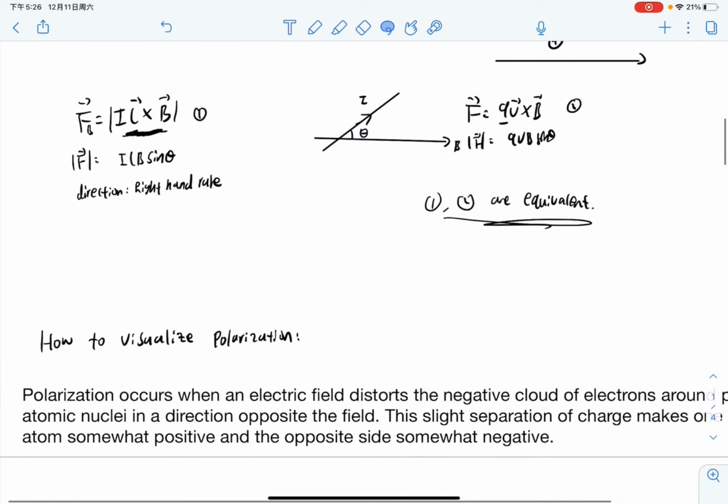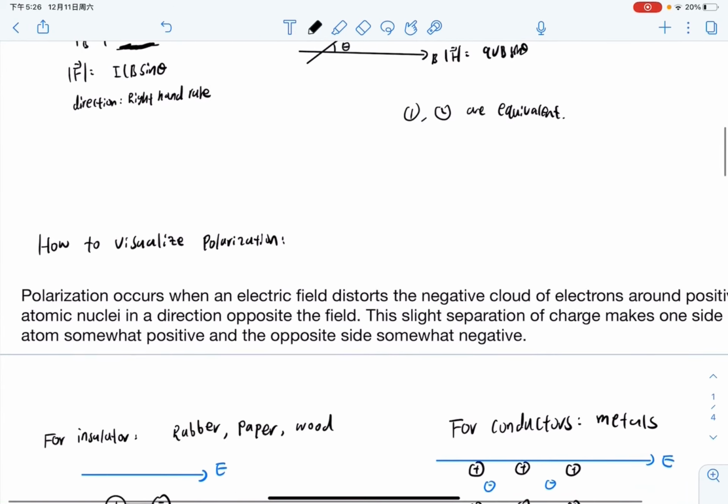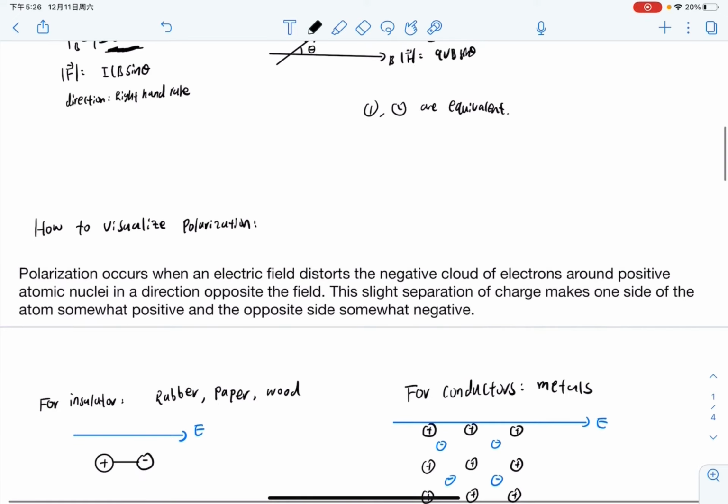And the next topic we're going to review is polarization. So polarization occurs when an electric field distorts the negative clouds of electrons around the positive atomic nuclei in a direction opposite the field. And this slight separation of charge makes one side of the atom somewhat positive and the other side somewhat negative.